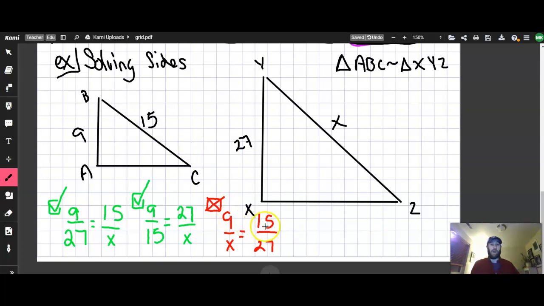Even though 9 and 15 are both in the same triangle like you see in this first example, and even though x and 27 are in the same triangle like you see in this first example, 9 and x do not match. They are not corresponding sides. 15 and 27 are also not corresponding sides.